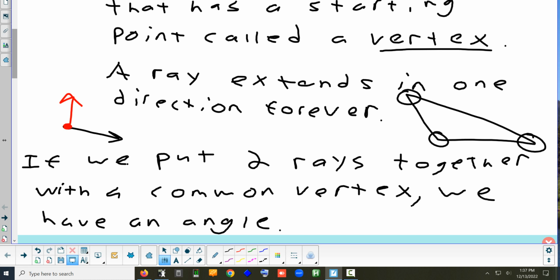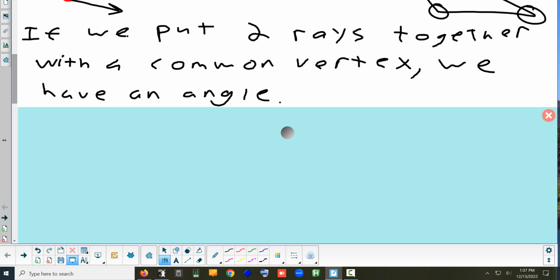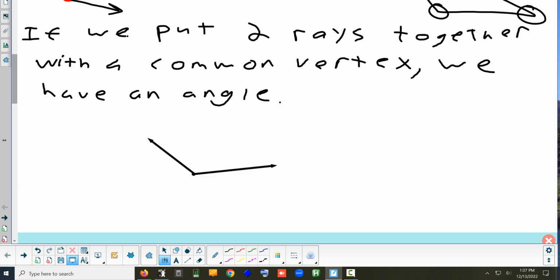So when you're drawing a shape, where 2 segments meet, that is considered an angle. But when you're drawing something that's not a shape, just an angle all by itself, we generally draw it as 2 rays. And here's another example. 2 rays, starting from the same point, makes an angle.